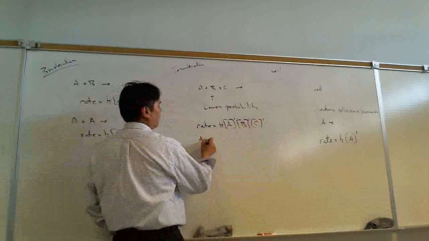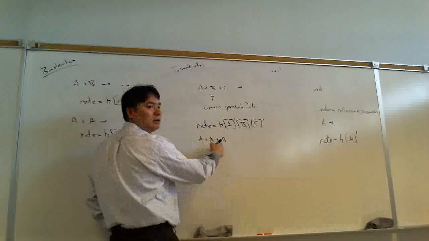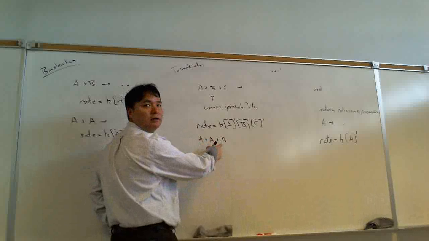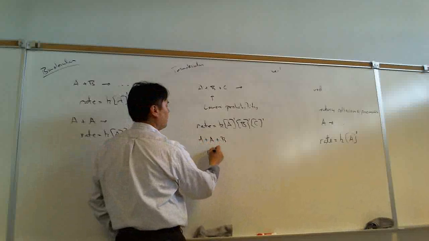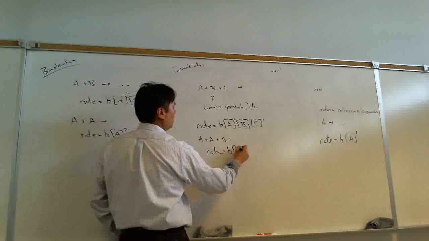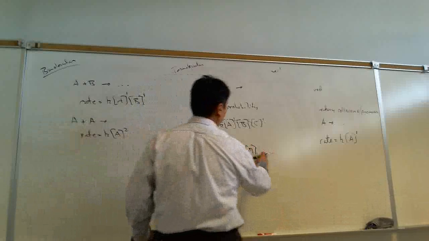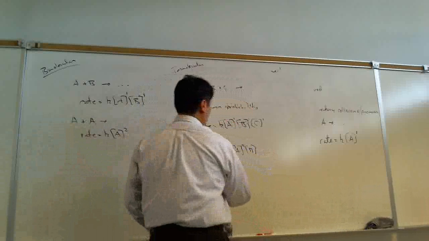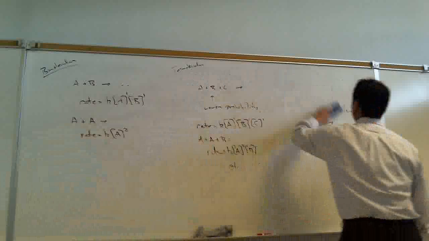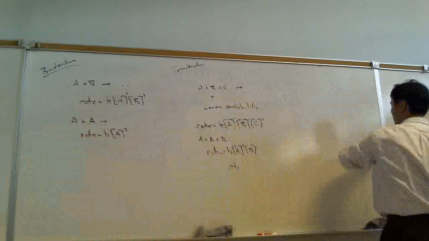And then we have variations, A plus B. This would be A squared B, right? Equals k[A]^2[B], and etc. So the problem is we can't tell.